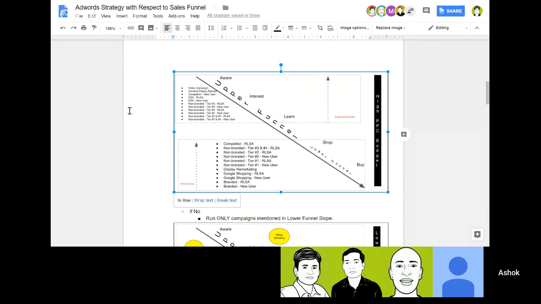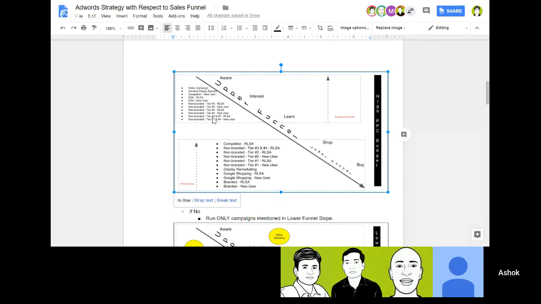So far, most of the time we use sales or direct lead as a conversion, but here we will actually start thinking about why not import other engagement metrics, and use them as a conversion for upper funnel campaigns like tier 3 4 new users, RLSA.